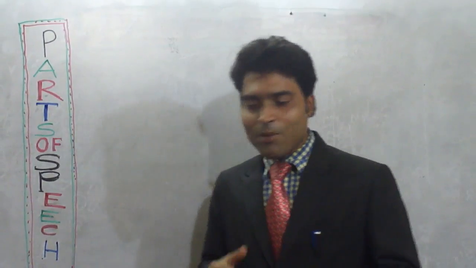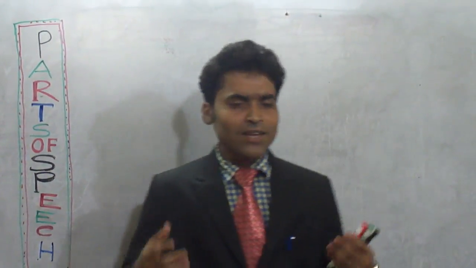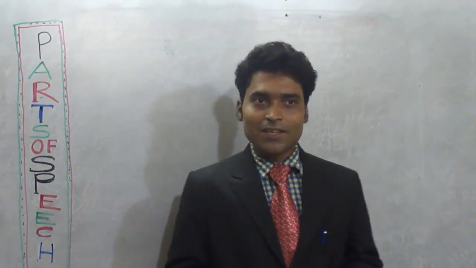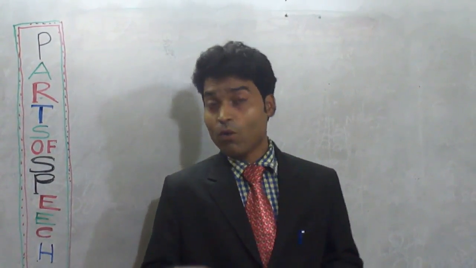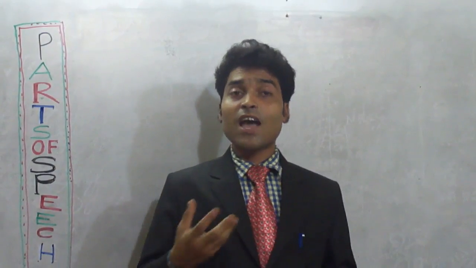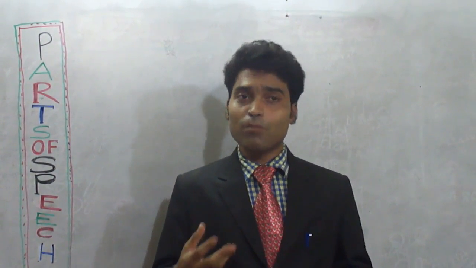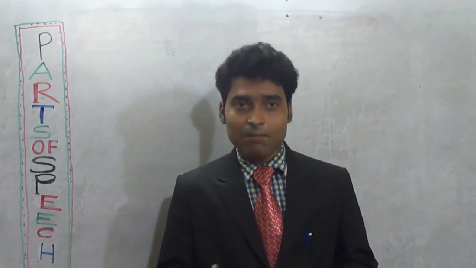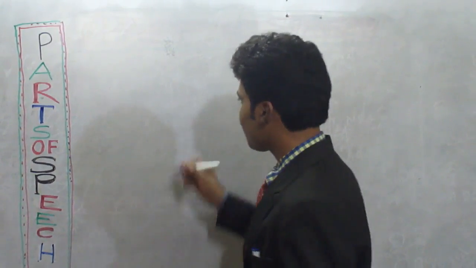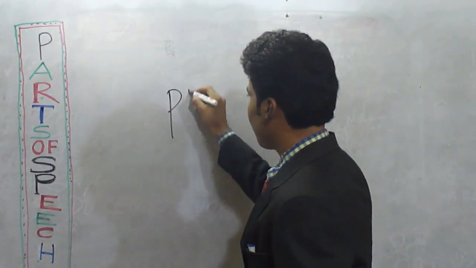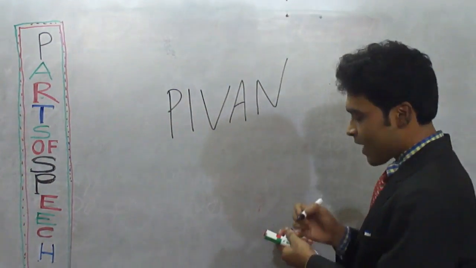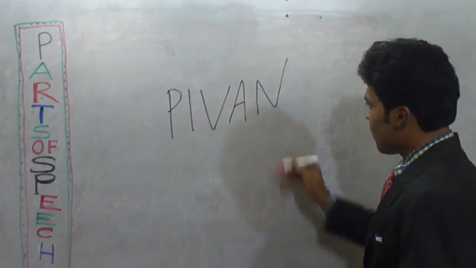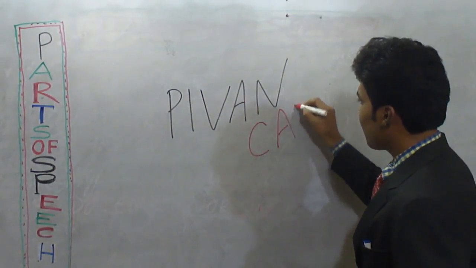Before learning that, one thing comes to my mind. For example, you are wearing a cap, right? This cap is branded with a company, that is Pivan cap. If I write it, P-I-V-A-N, Pivan, and cap, C-A-P.